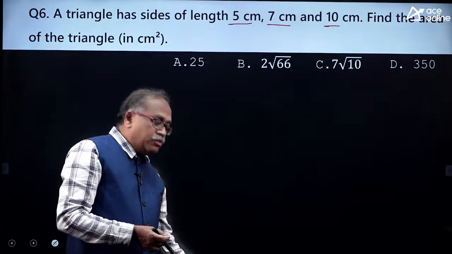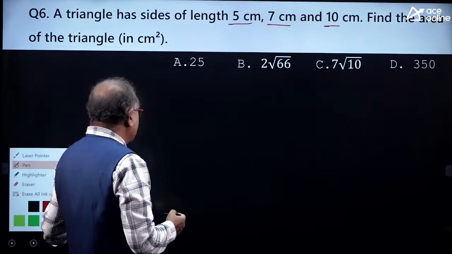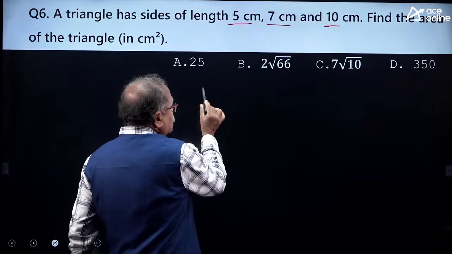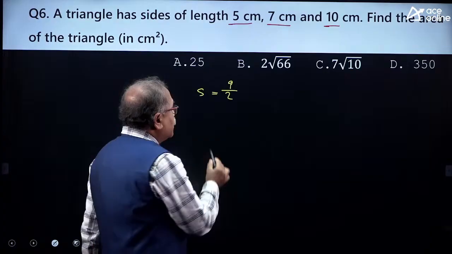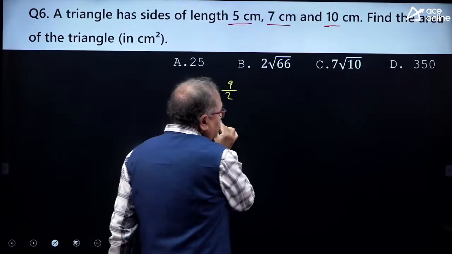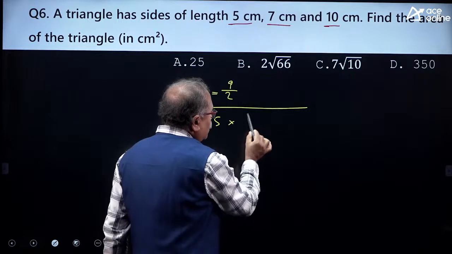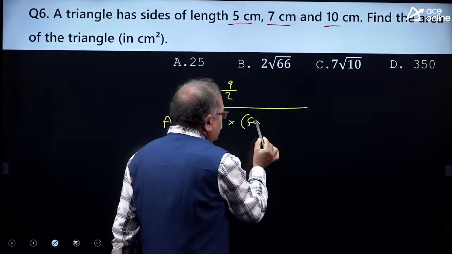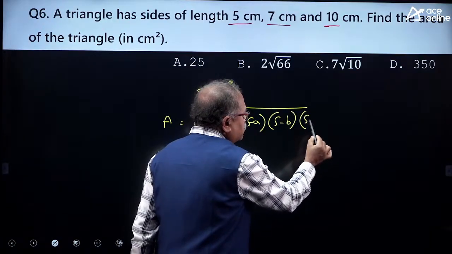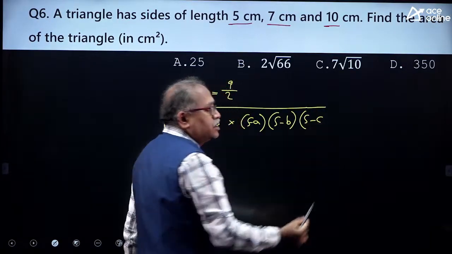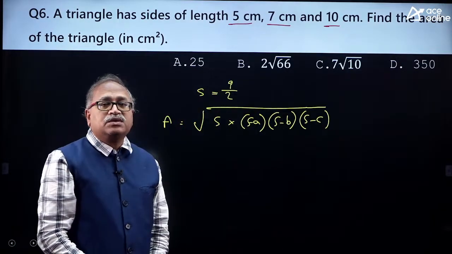Now what is the formula when the three sides are given here? S is the semi-perimeter, which is nothing but P by 2, and the other formula is that the area is equal to the square root of S into S minus A into S minus B into S minus C, where A, B and C are the sides of the triangle. So let's answer the question here.